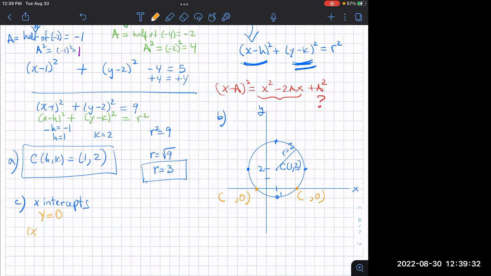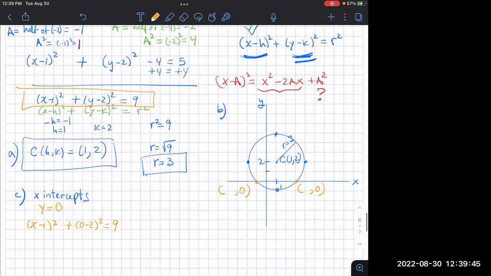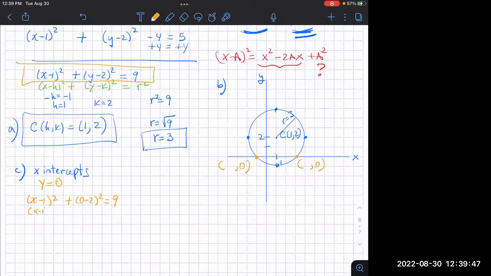So we have x minus 1 squared. Let's use the standard form. Plus 0 minus 2 squared equals 9. And then solve for x. Negative 2 squared is 4. Subtract the 4.